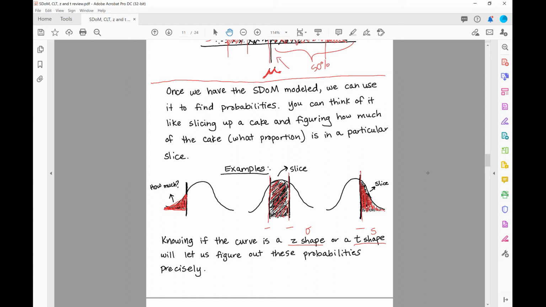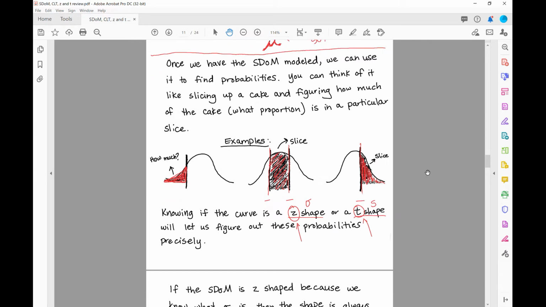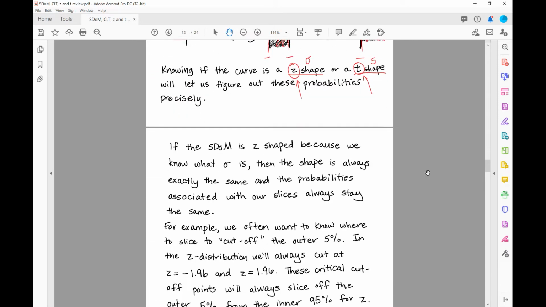If we know which one of these, then we know which one of these to use the probabilities for. Because again, those probabilities are going to be a little bit different for these ones than they are for these ones. That's why we have different tables for Z's and T's.